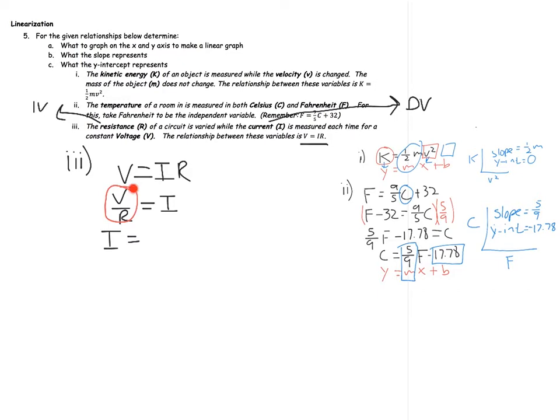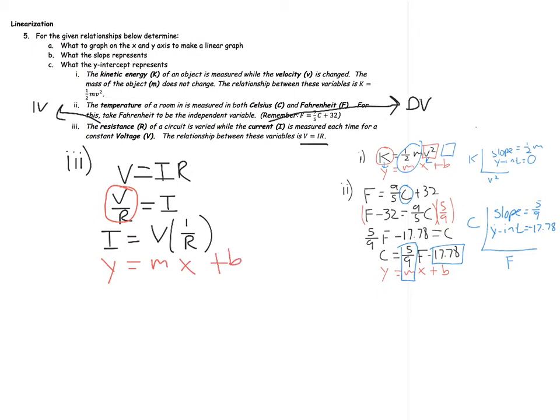Okay, V is not a variable, and we want to always pull out all of our constants from our equation. So I'm going to say V times, and then what's left over? Well, that would be 1 over R. All right. So the reason why I'm doing that simply is to separate the constant from the independent variable. And now I can line that up with y equals mx plus b.